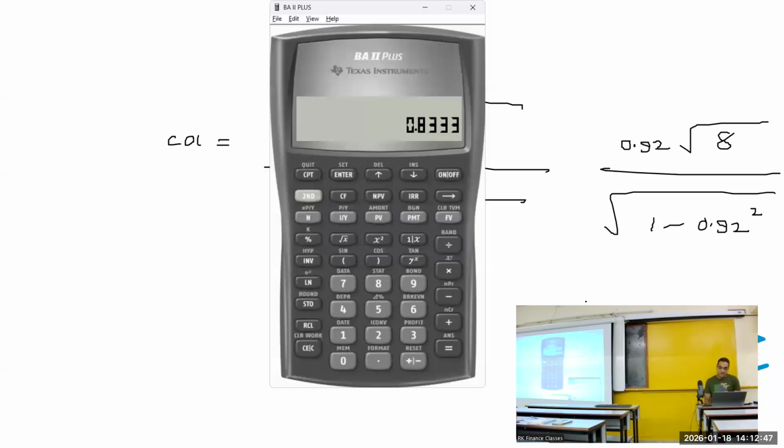So let's start with the denominator, 0.92 square. Put a negative sign after this. Do plus 1. And do square root. Into 8 ka square root and into 0.92.